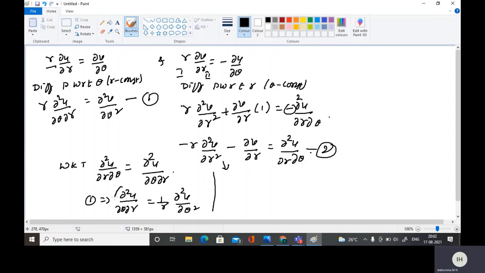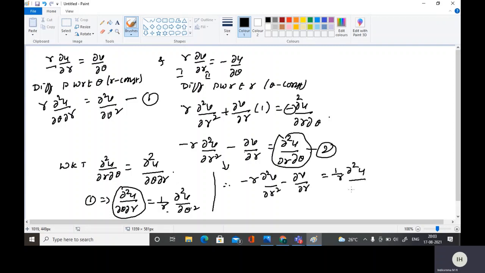So now LHS of equation 1 is equal to RHS of equation 2, then we can equate the remaining parts. Therefore, minus R into ∂²V/∂R² minus ∂V/∂R is equal to 1 by R into ∂²V/∂θ².